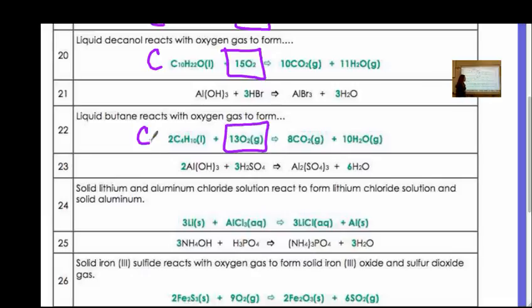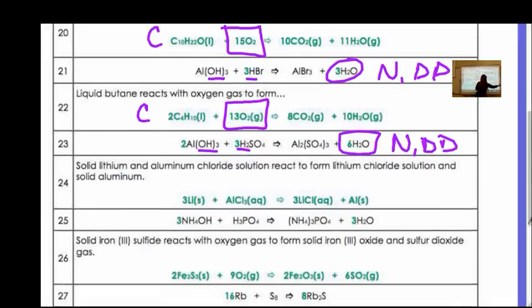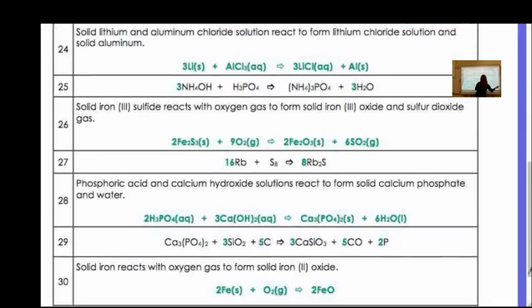H, OH, water, neutralization, double displacement. One product is a synthesis reaction.